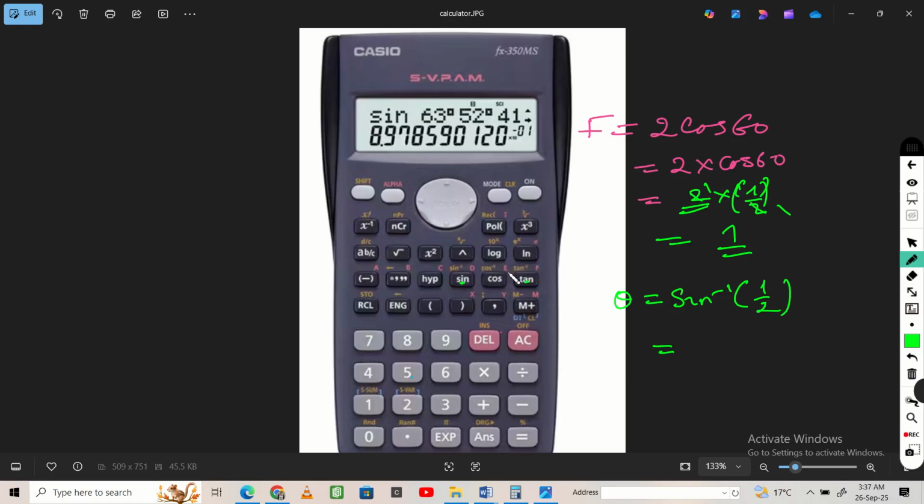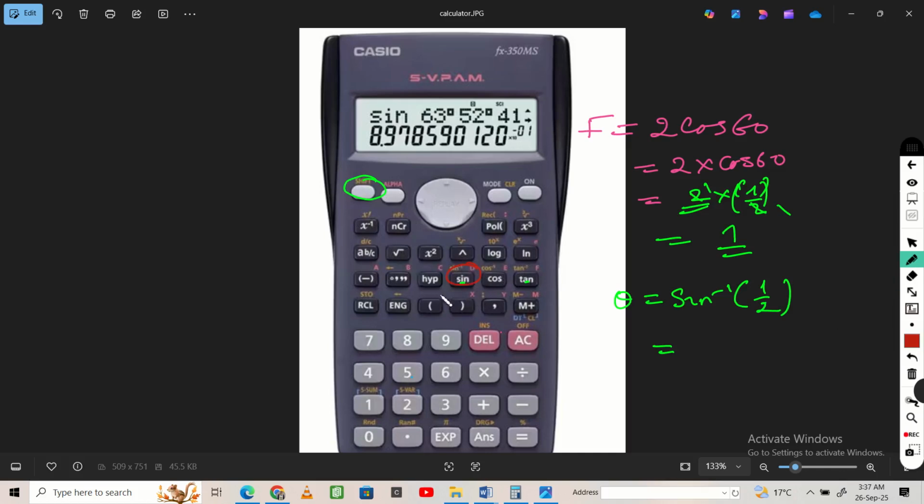For you to write this one, you have to press shift. The first thing you press is shift. When you press shift, the next thing you press is sine.